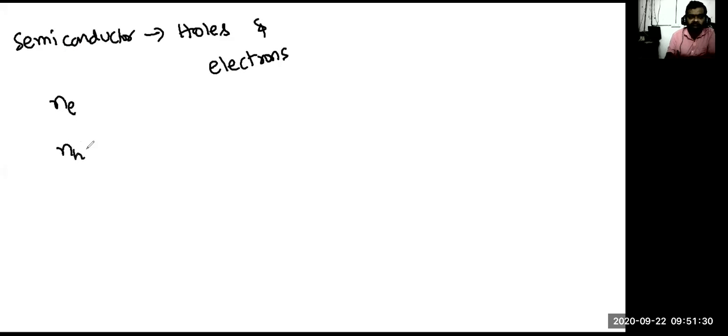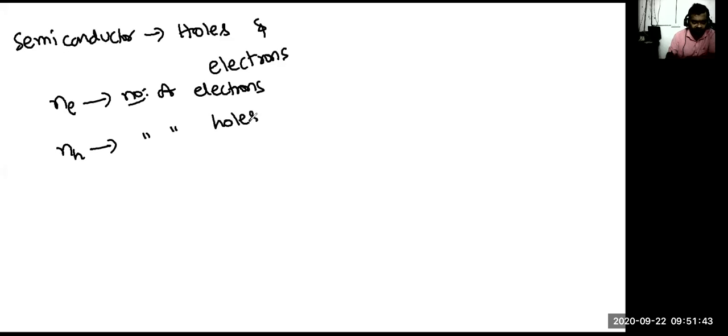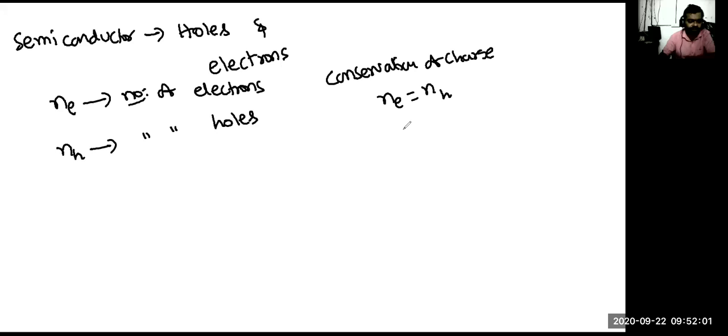Number of holes, I will write it as NH. Ne is the number of electrons, NH is the number of holes. Now, in any semiconductor, in order to have the charge conservation, the number of electrons must be equal to the number of holes.